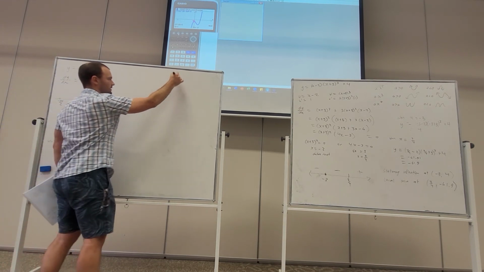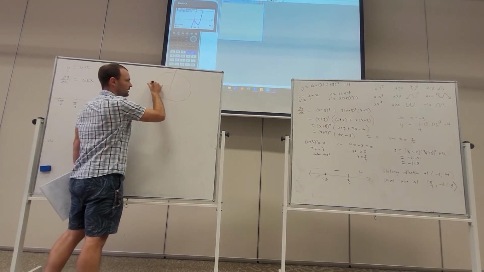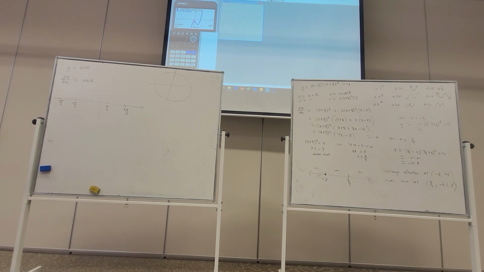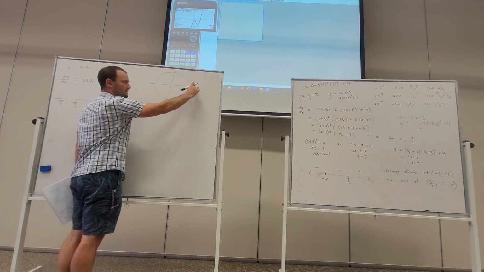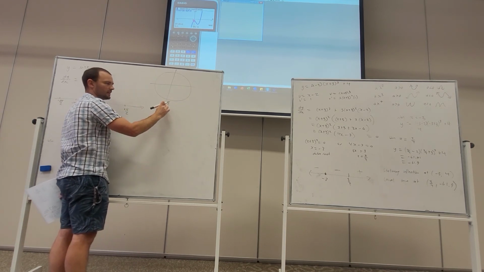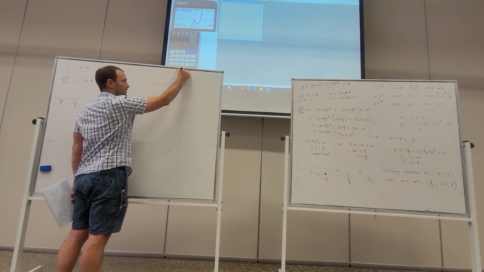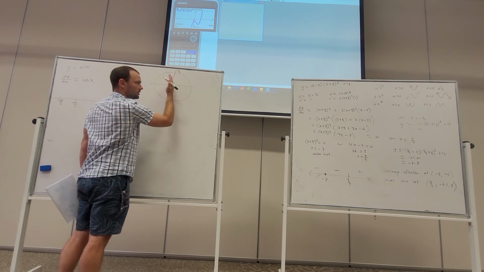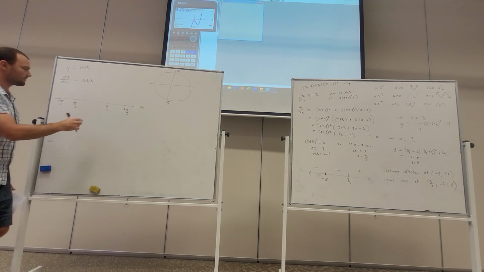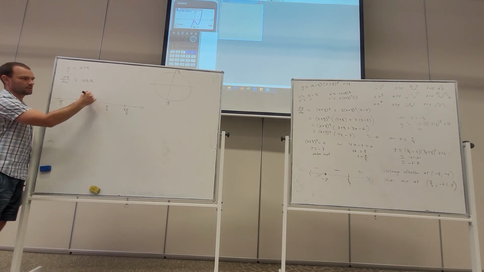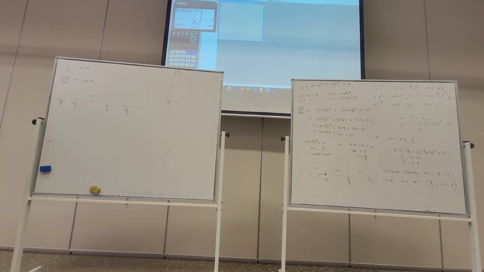Let me explain from our unit circle here. Remember, cos is the x coordinate. Here is minus pi on 2. You start at 0, and if you go back pi on 2, that's minus pi on 2. Here's positive pi on 2, and in all of this region, the x values are positive. So between minus pi on 2 and pi on 2, the x values are positive.